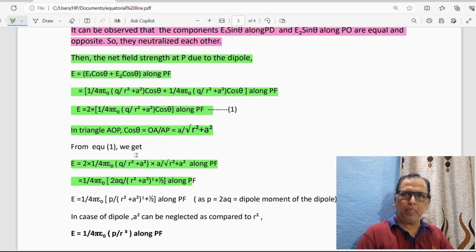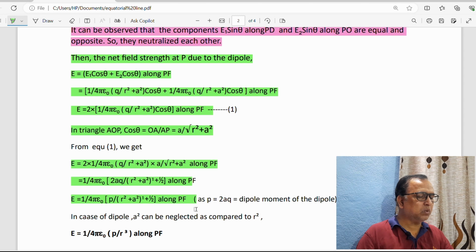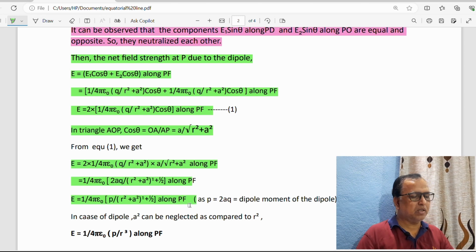What is p? p is the dipole moment of the dipole.